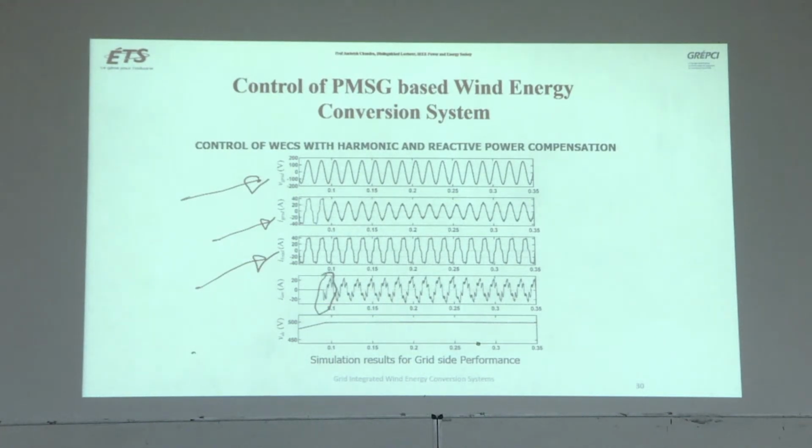Until the grid side converter was started, your grid current was the same as the load current. But as soon as the grid side converter is started, it started doing harmonic elimination and reactive power compensation.